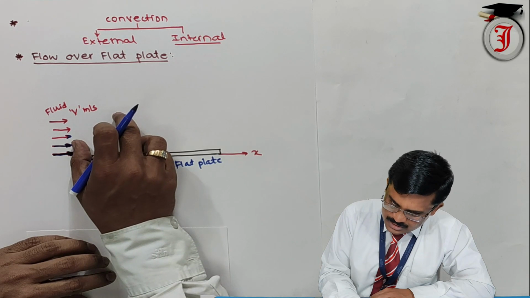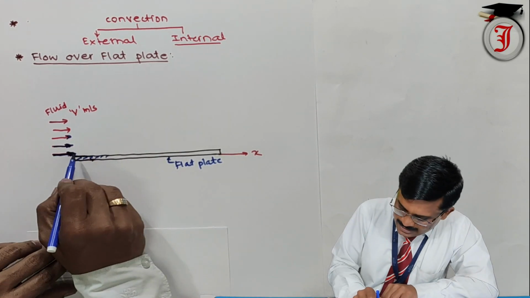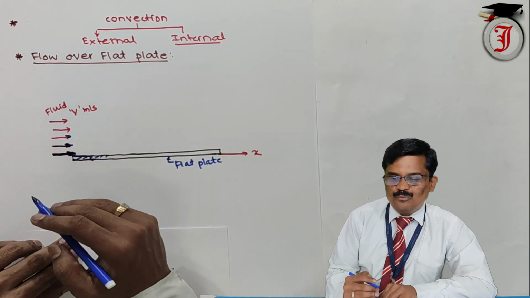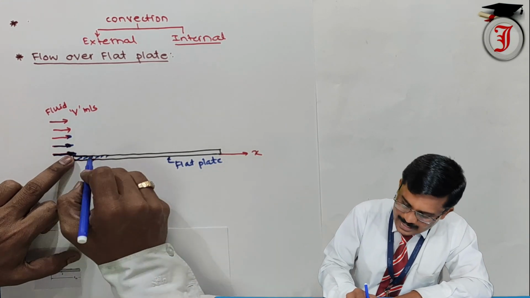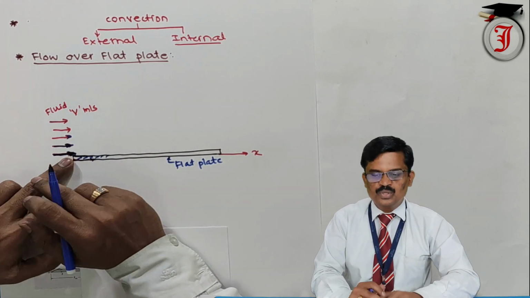As a result, the velocity component u varies from zero when y is zero, and it varies in the y direction up to y equal to delta.